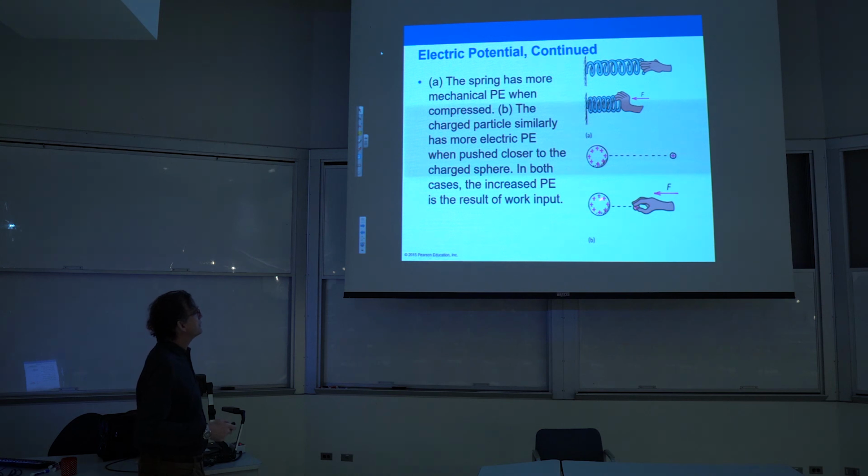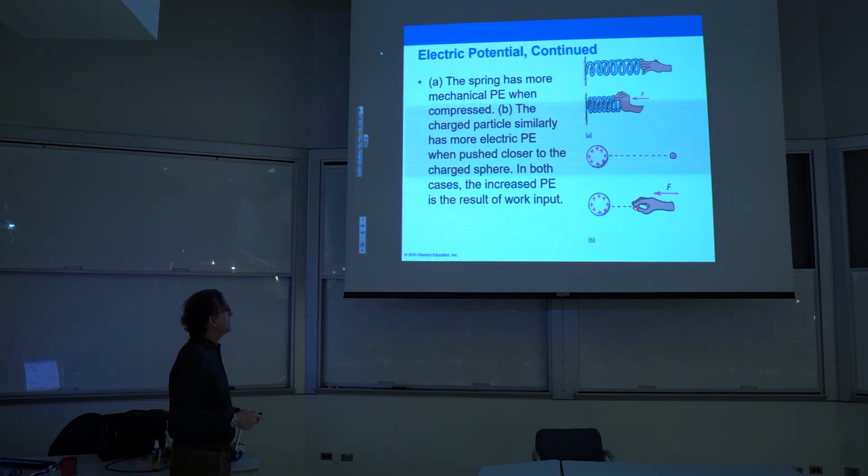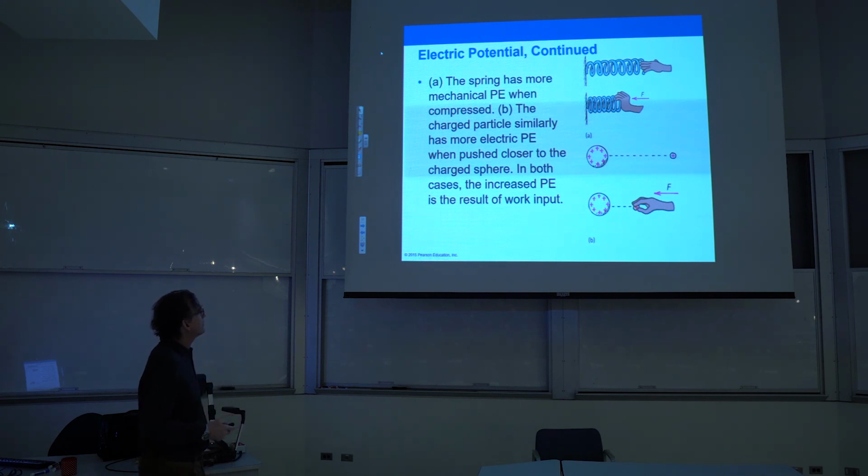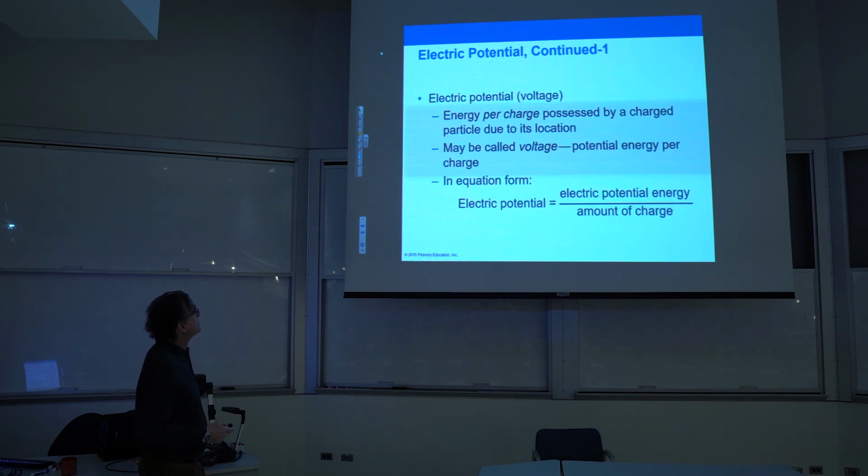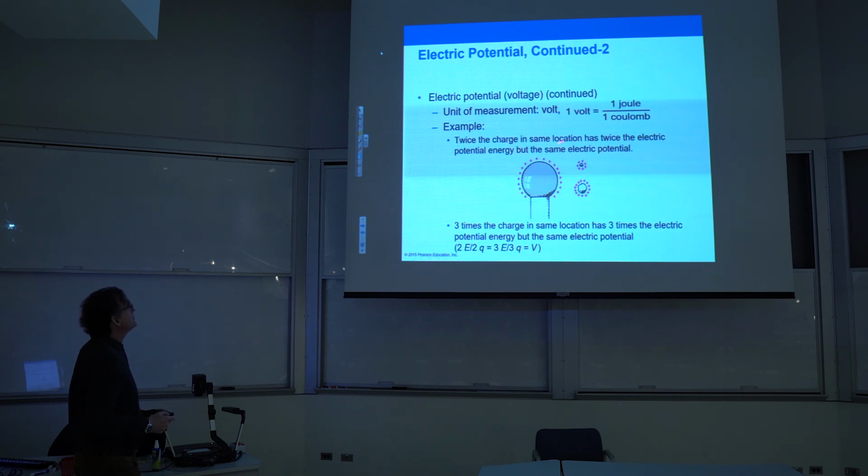The large sphere is the one that's actually doing work on this positively charged particle when I release it, causing it to accelerate outward. And so that's the idea of electric potential. It is the amount of electrical potential energy divided by the charge of the object whose energy is being increased by moving it. The unit of measurement is the volt.